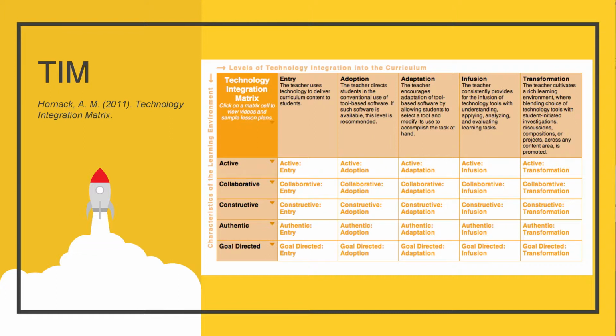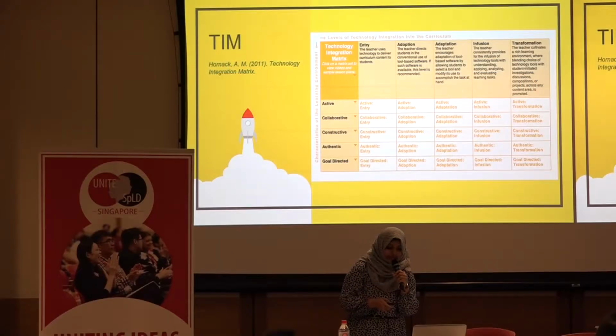And this is measured against 5 levels of tech integration, which are entry level, adoption, adaptation, infusion, and transformation. So this matrix gives you different levels of tech integration for each applicable lesson activity type.